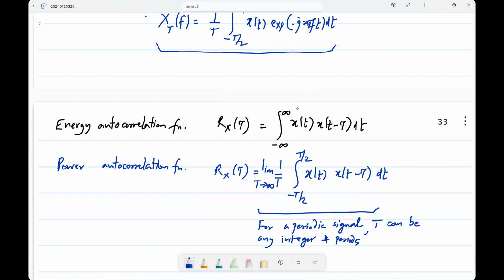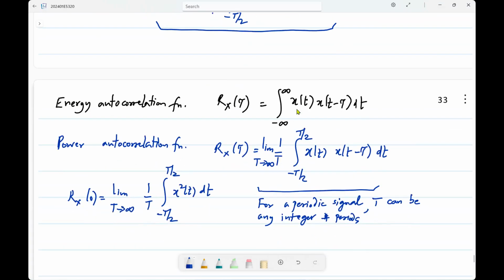So now what is Rx of 0? Imagine a sinusoid. What is this? It is power, right? It's the power in the signal.